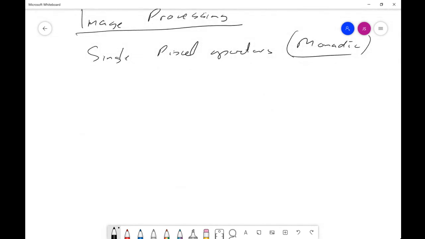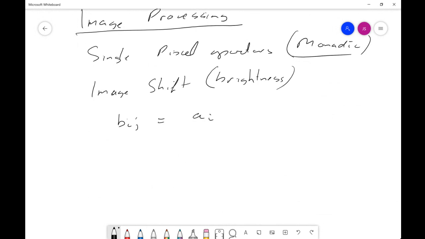And the two big ones are the image shift, which is equivalent to brightness control, and this is taking a pixel: Bij after shift equals the input pixel Aij plus a constant. So this is the output pixel, and this is the input pixel.